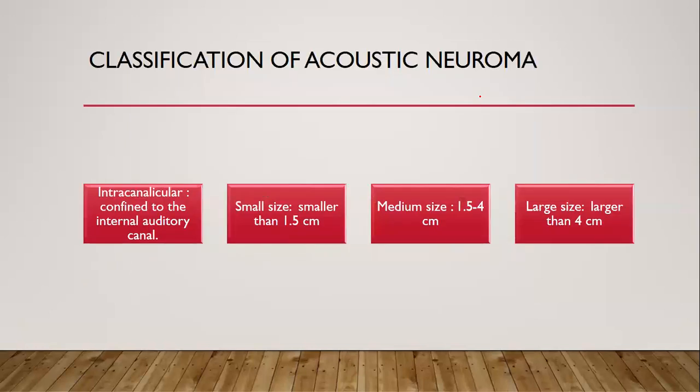For the classification of acoustic neuroma: intracanalicular, which means it is confined to the internal auditory canal. If the lesion is localized to the internal auditory canal, it can be considered an intracanalicular acoustic neuroma. Then small size, medium size, and large size, on the basis of tumor size.